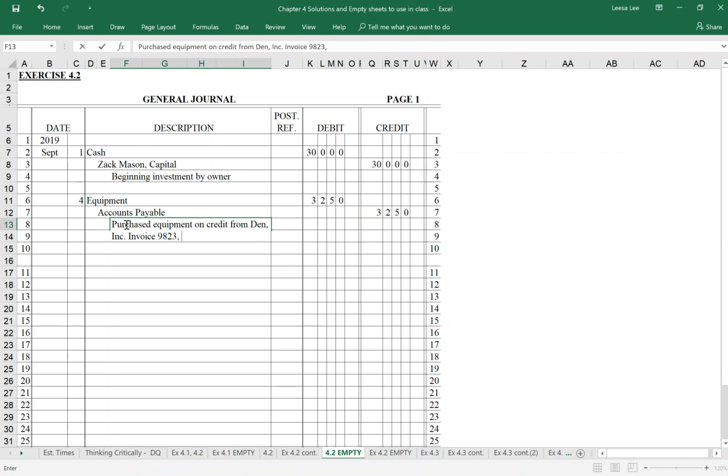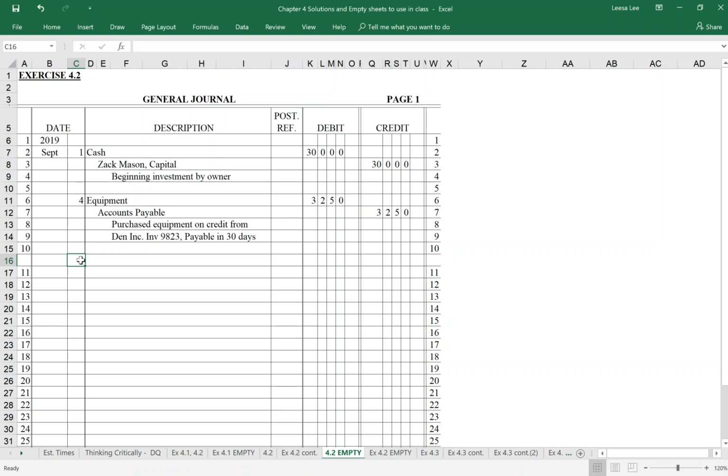So, invoice 9823, payable in 30 days. Okay, that's a pretty good description.